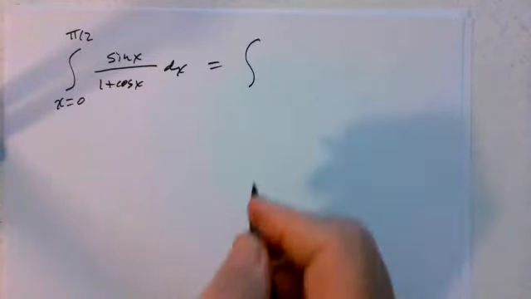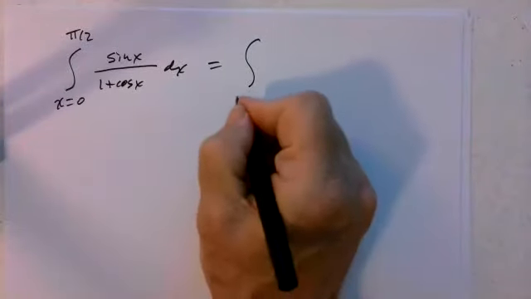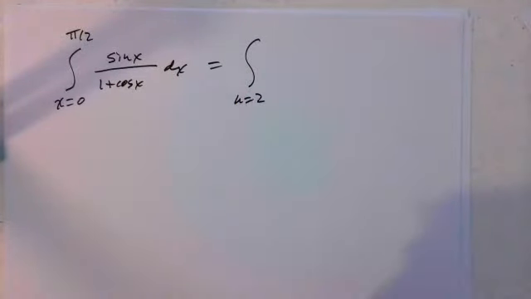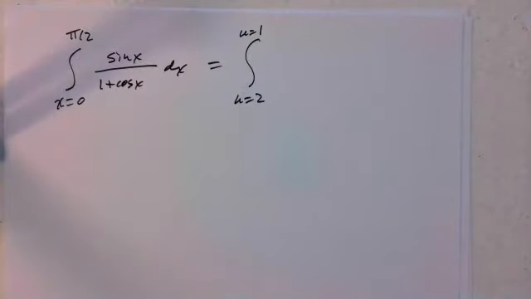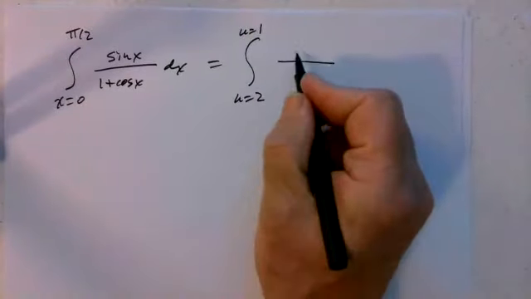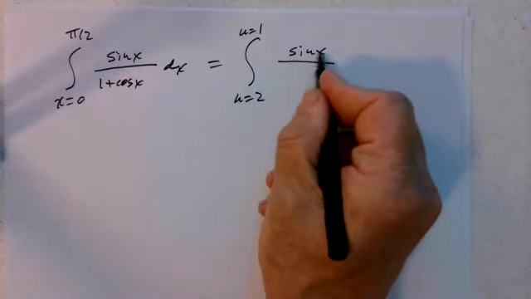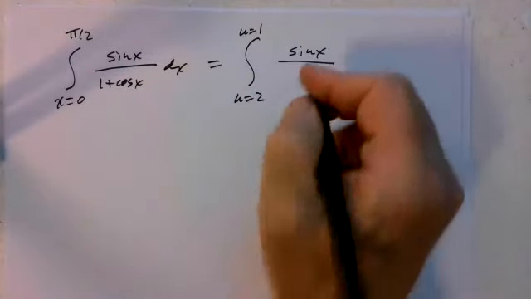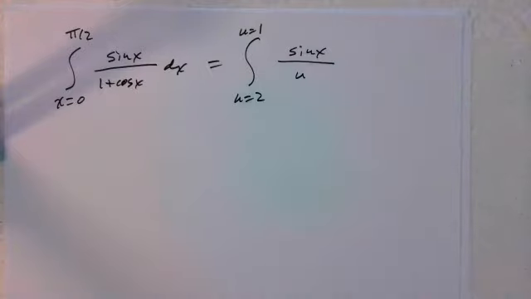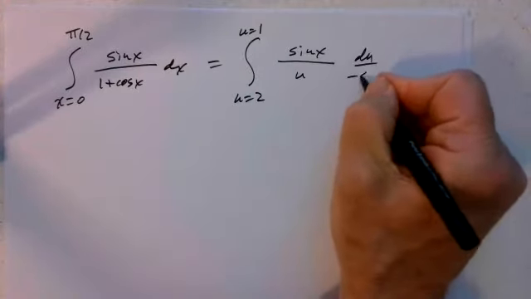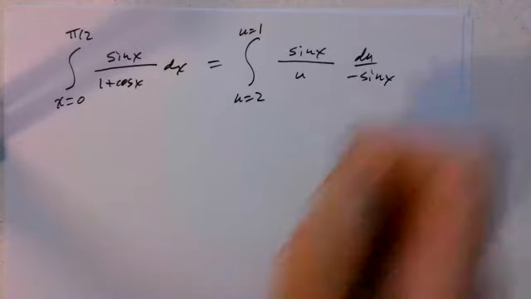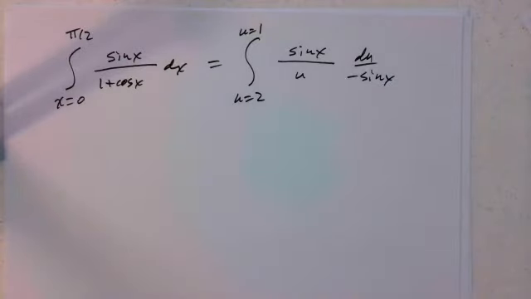When x was 0, that became u equals 2. When x was pi over 2, that became u equals 1. Sine x upstairs we'll leave alone. On the bottom, 1 plus cos x was u, and dx was du over negative sine x. So you'll notice that the sine x's divide out.